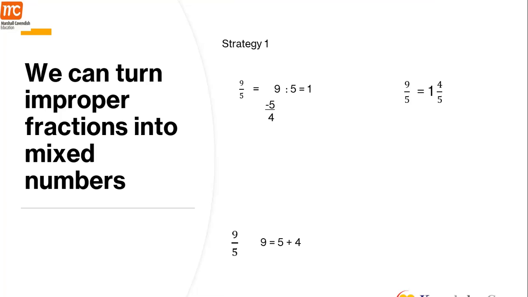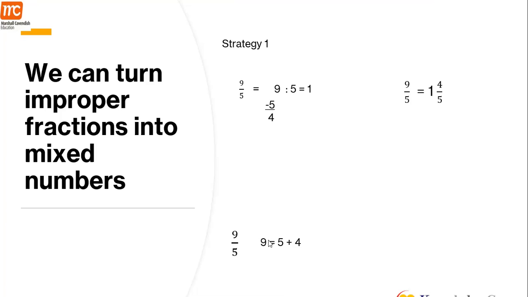There's another way to do that, and in this way we have to decompose the number. My numerator is the number 9, and the denominator is the number 5, and I know that 5 plus 4 equals 9, right? It is important when you're trying to do this that one of the parts that you're adding has to be the denominator.